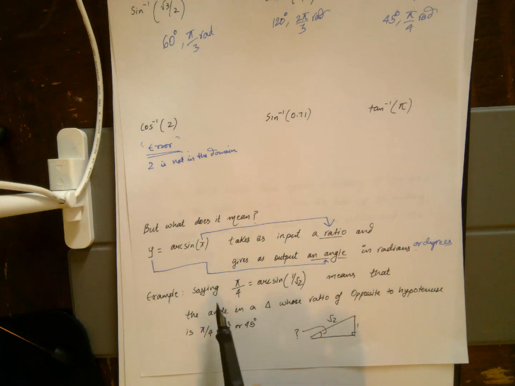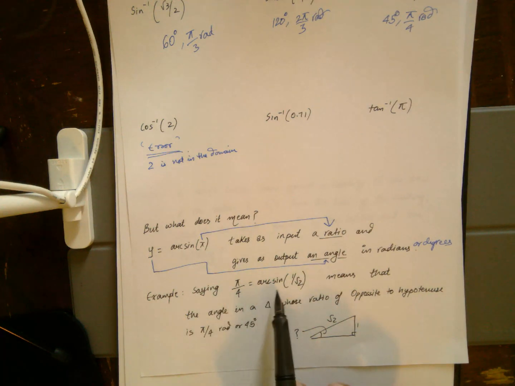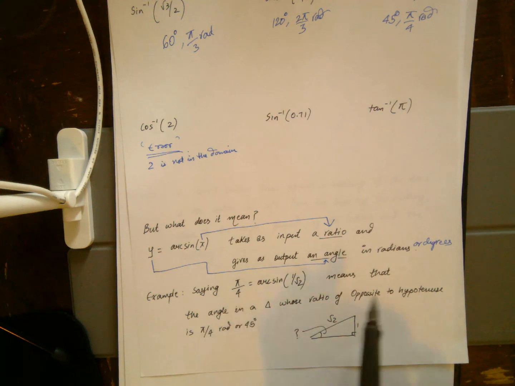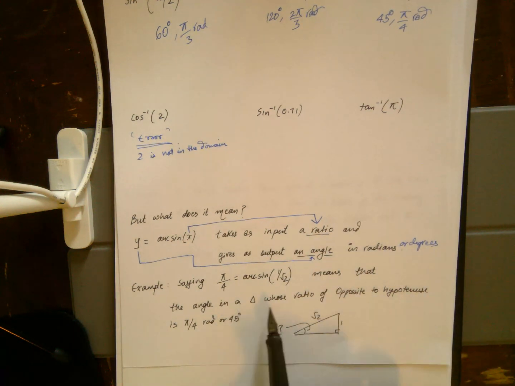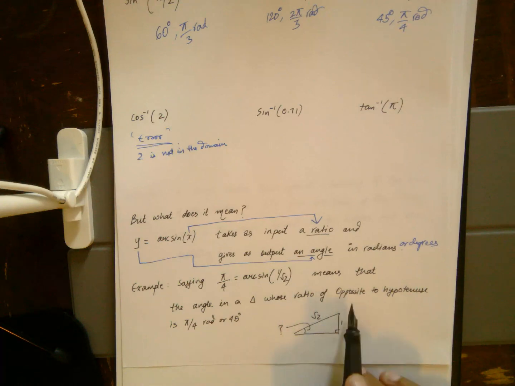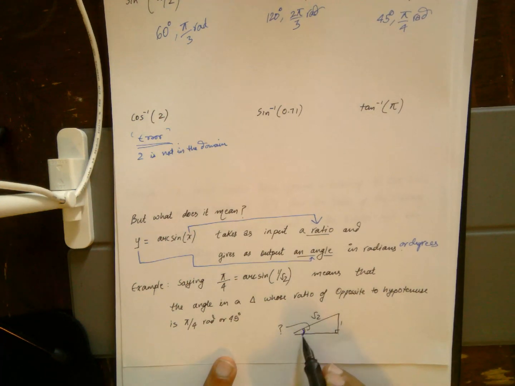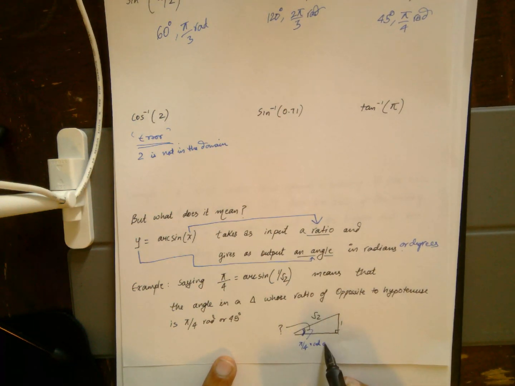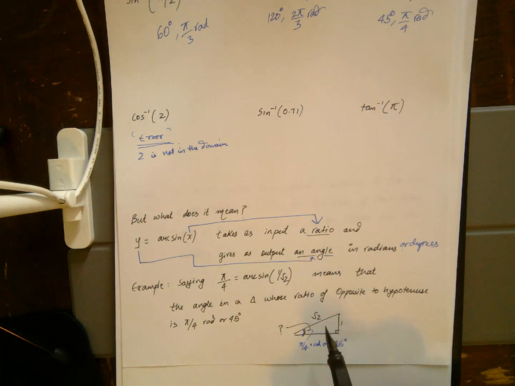Saying, for example, that arc sine of 1 over square root of 2 is pi over 4 means that in a triangle whose ratio of opposite to hypotenuse is 1 over root 2, this angle is going to be pi over 4 radians or 45 degrees.